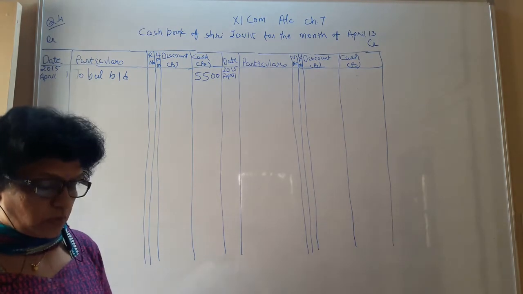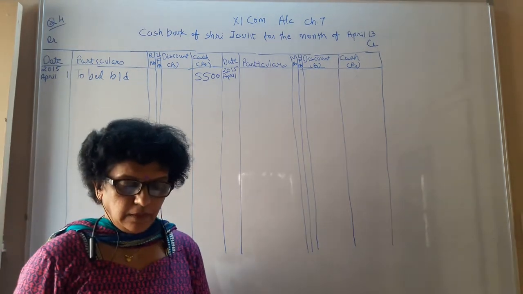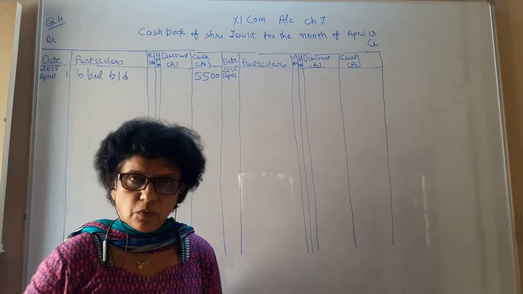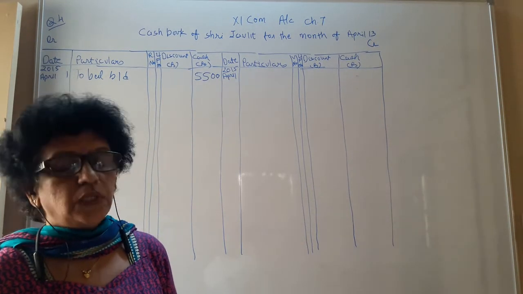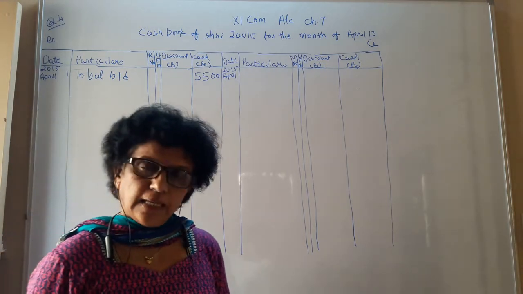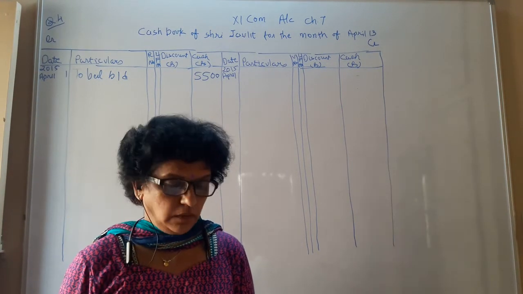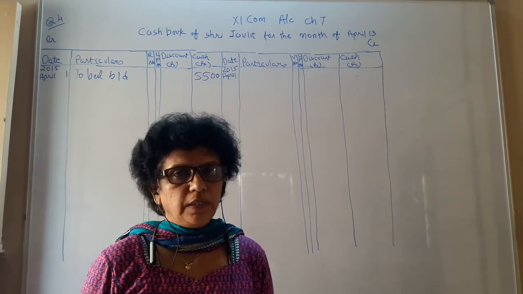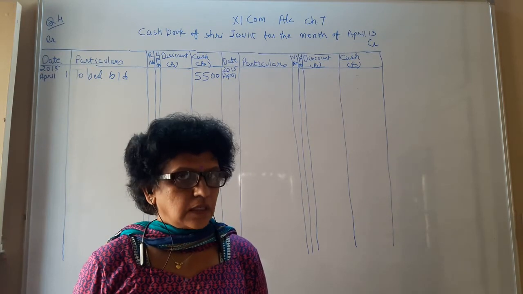Number 3, goods of rupees 4000 sold at 10% cash discount. Underline the words cash discount. If it is a trade discount, we don't record it, but if it is a cash discount, we have to enter it. So here 4000, 10% means 400. That will be recorded in the cash discount column.